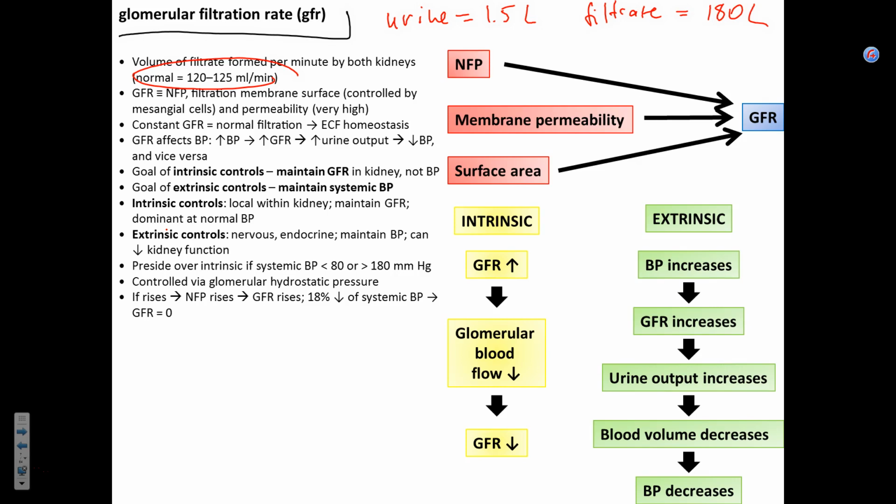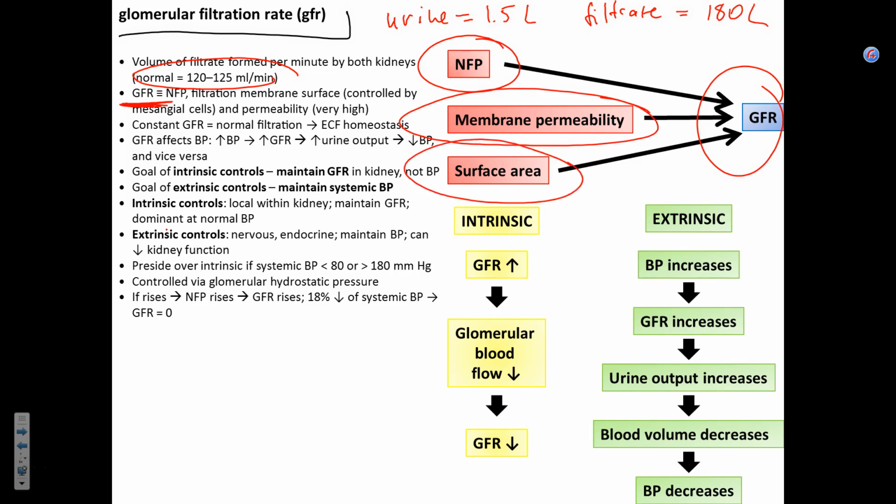Okay? That makes sense. Now, what determines glomerular filtration rate? Three main things. First, net filtration pressure. Second, permeability of the membrane. And third, surface area. So let's figure out each of these factors one by one.